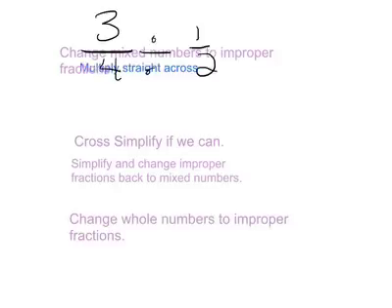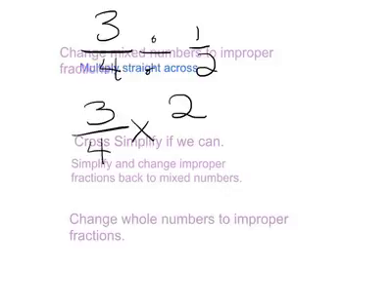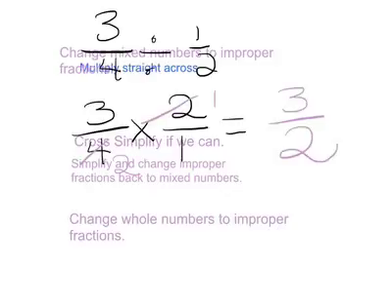So we're going to flip our division sign to multiplication, flip our second fraction to its reciprocal, cross simplify if we can, multiply straight across, we get 3/2. And then our last step is to make that into a mixed number, which is 1 1/2. So there are 1 1/2 halves in 3/4.